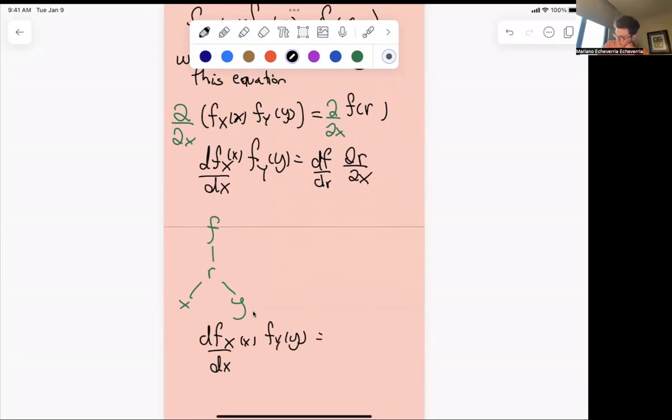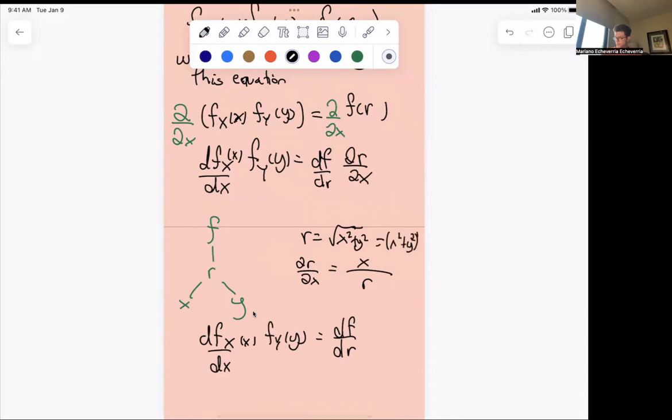What is the partial derivative of r with respect to x? Well, r is the root of x squared plus y squared, so it's not too bad to find. It's basically that, right? Because this is x squared plus y squared to the 1/2.